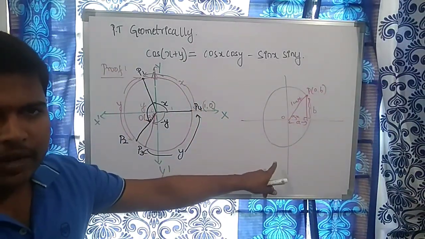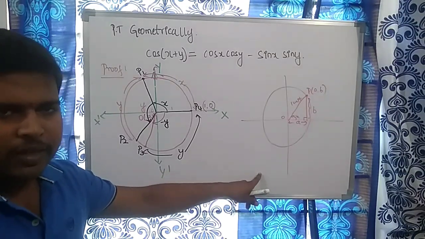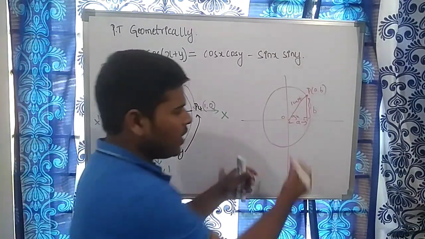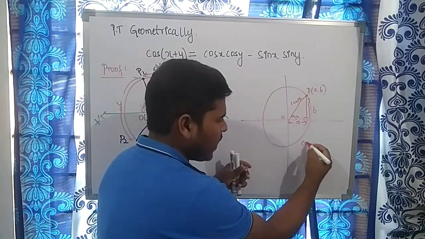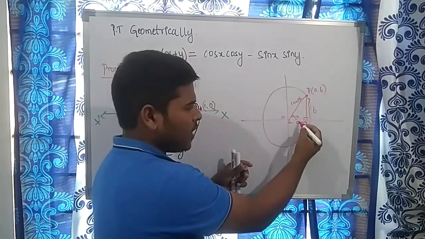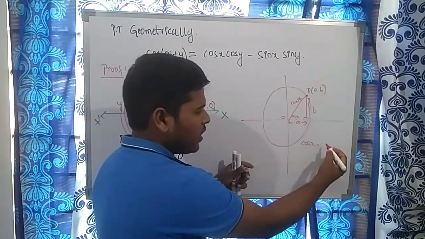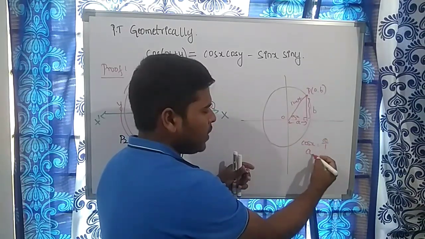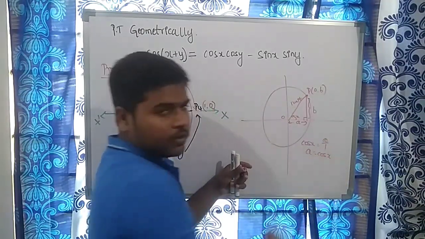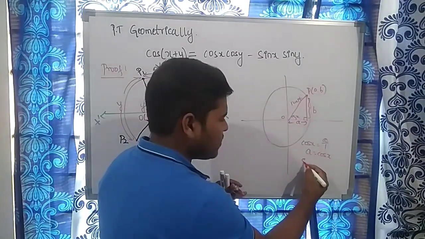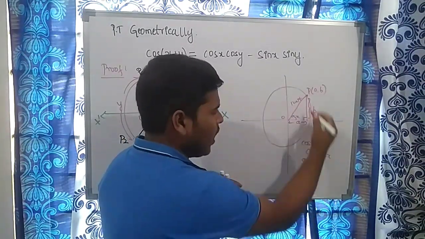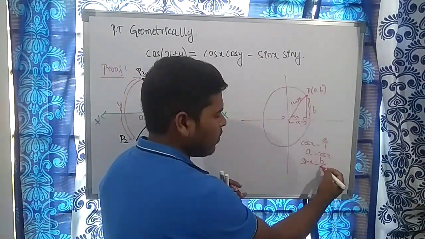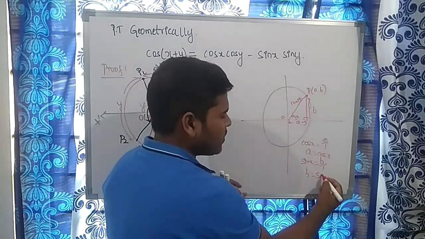Now trigonometry, you have studied it earlier, trigonometric ratios came in the first trigonometry lesson. See here, from this triangle, cos x is equal to adjacent side divided by hypotenuse, a by 1. It means a is equal to cos x. Next, sin x is equal to opposite by hypotenuse, b by 1, that is b is equal to sin x.